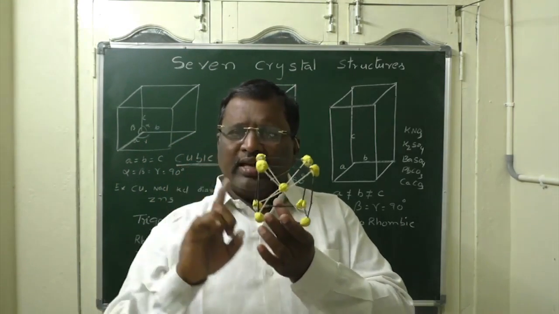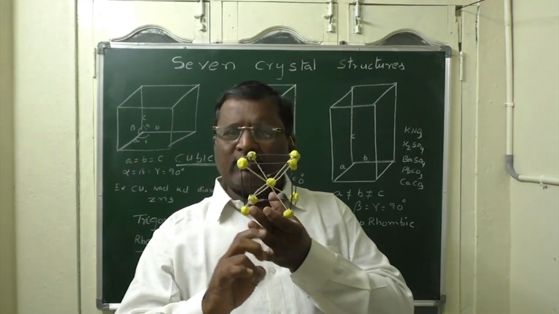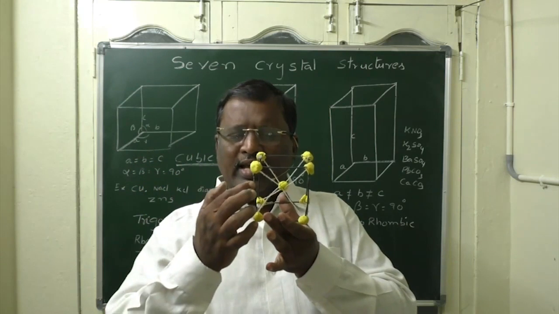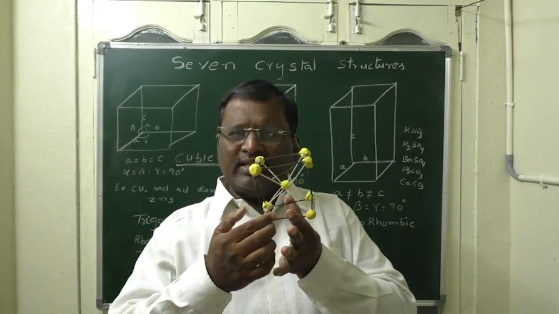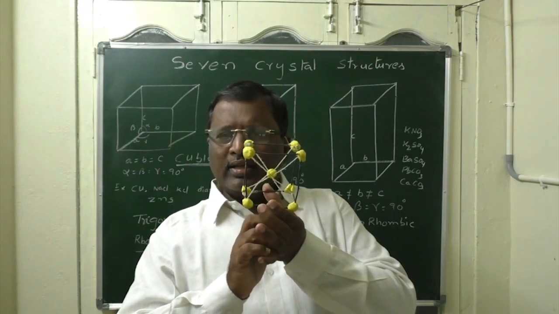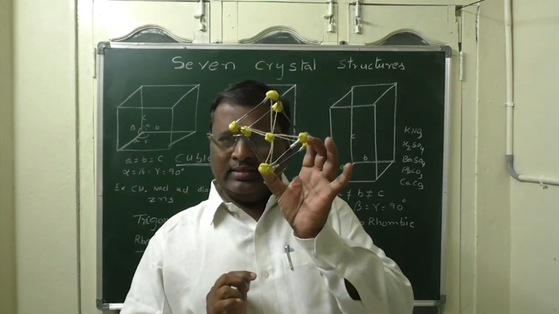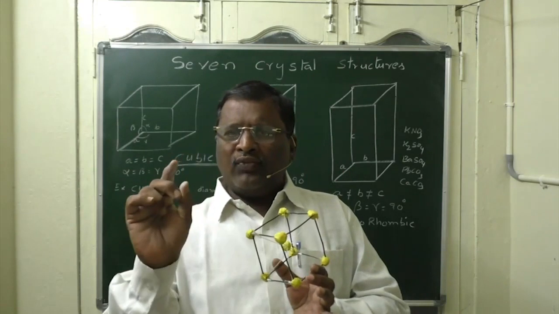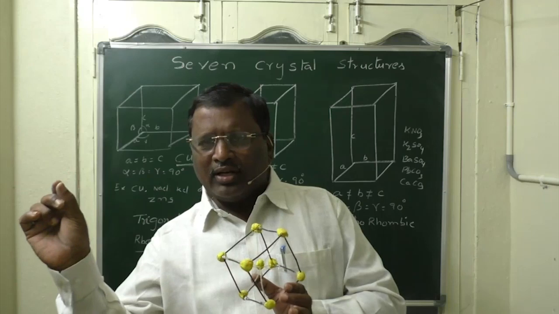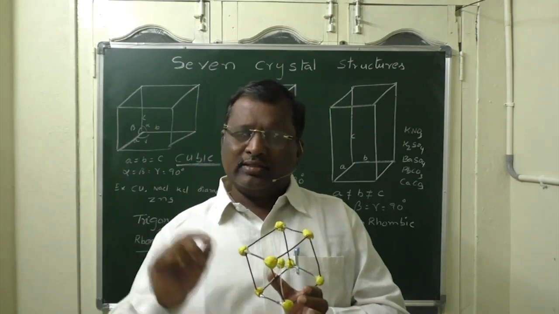So, a is equal to b is equal to c. And the angles between c and b, c and a, and b are 90 degrees. So, alpha is equal to beta is equal to gamma is equal to 90 degrees.